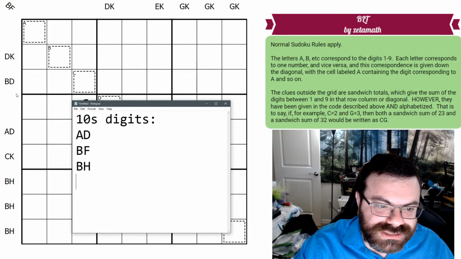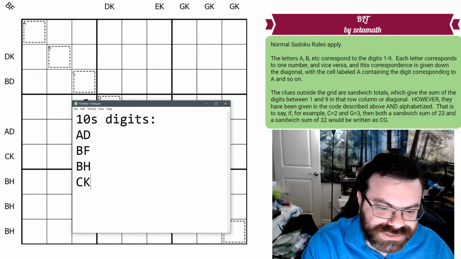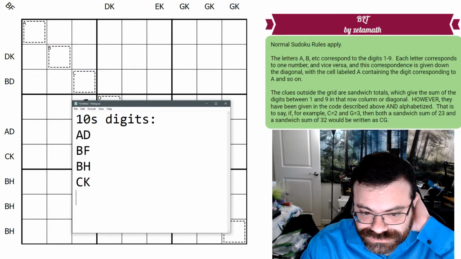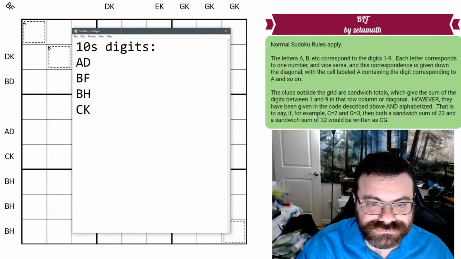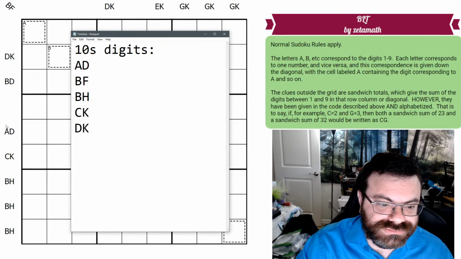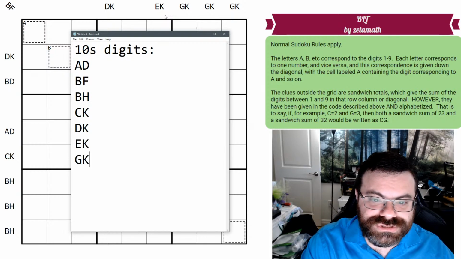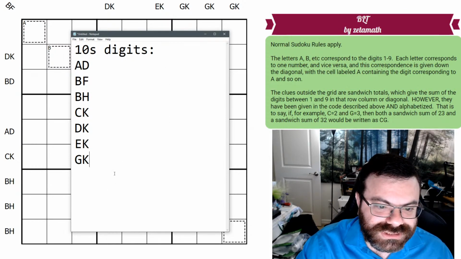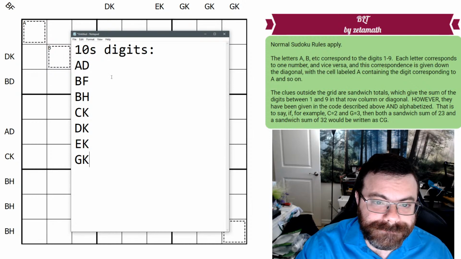So we have an AD, a BF, and a BH. We have one that starts with C, that's CK. We've got DK, we've got EK and GK. I'm guessing K is a tens digit. Is that it? A, B, C, D, E, and G. I think I got them all.